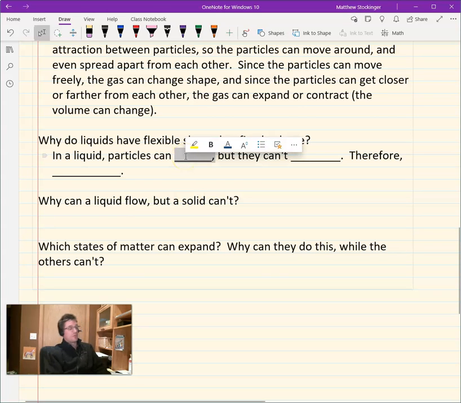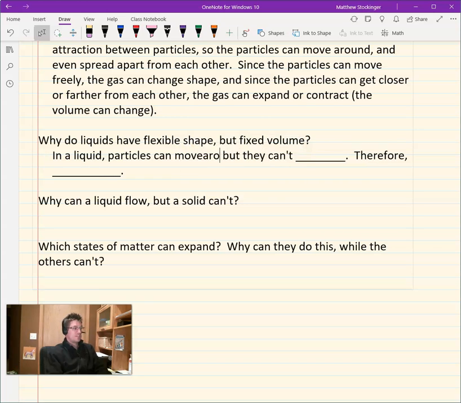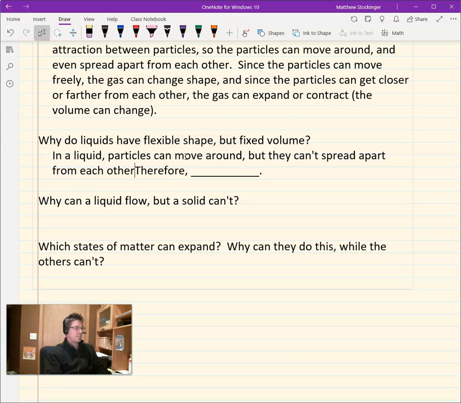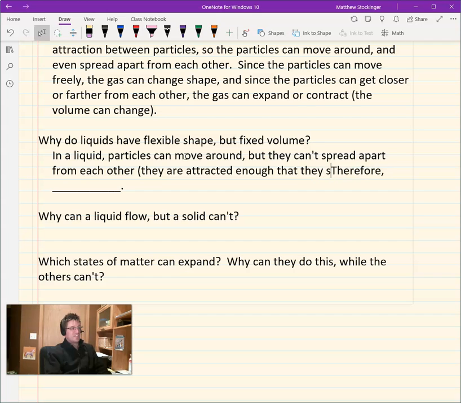Here's what I was looking for in my sentence starter. In a liquid, particles can move around but they can't spread apart from each other. They are attracted enough that they stick together.